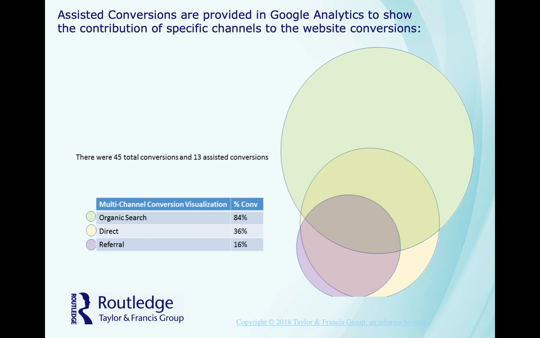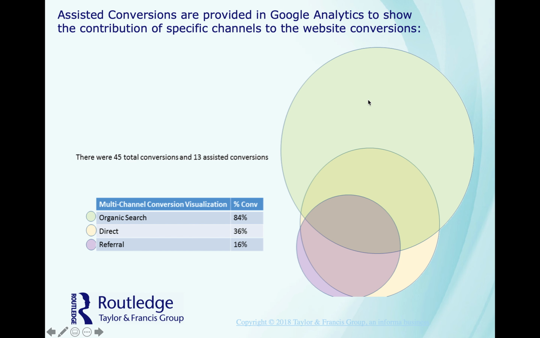Assisted conversions are also provided on Google Analytics to show the contribution of specific channels and website conversions. So there were a total, in this example, of 45 total conversions and 13 assisted conversions. So 84% of the conversions on this were organic, which is this big, huge green bubble, right?